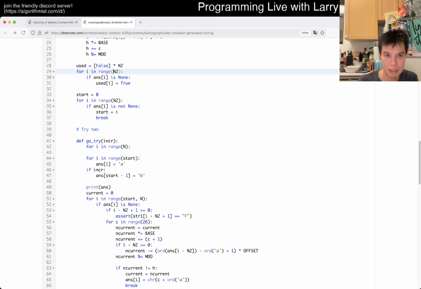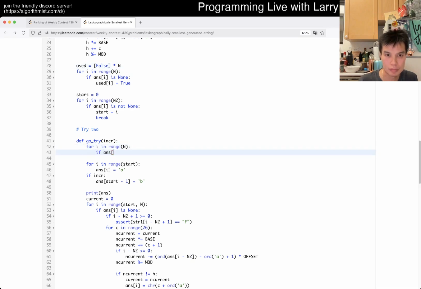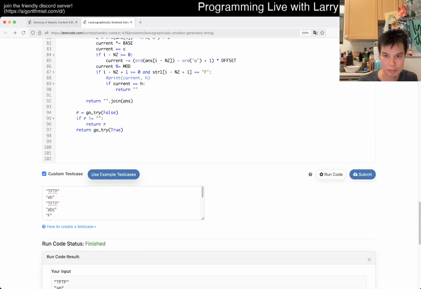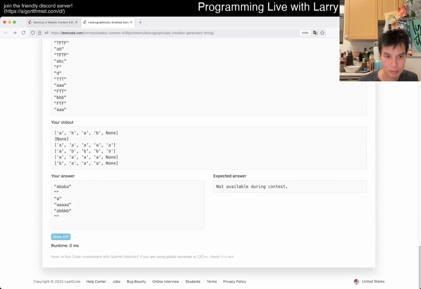This is N, not N2. Still no bueno. Tried A, we tried B. This should be good.